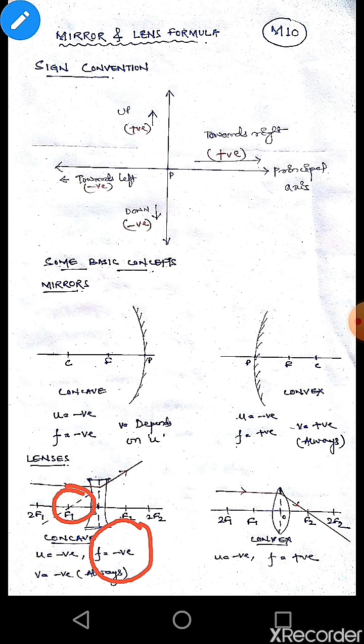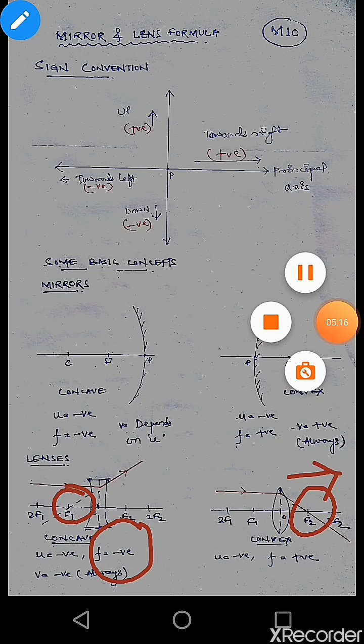Similarly, in case of convex lens, the ray parallel to principal axis after refraction through the lens passes through f2, that is on the right hand side of the optical center, and that is why the focal length is positive, and that is very much essential to know about this concept.